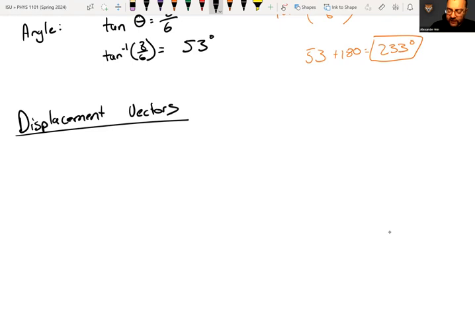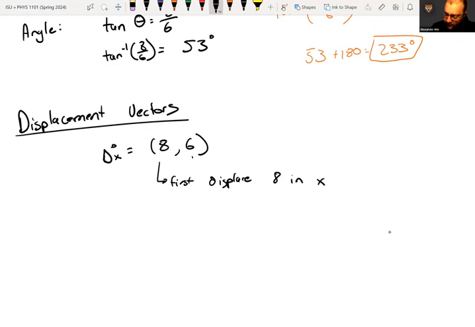The idea is that if you have a delta x vector of 8, 6, like we used the position vector before, you could take this to mean first displace 8 in the x. And then you could say, then displace 6 in the y.